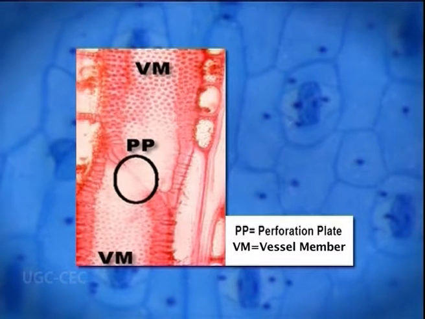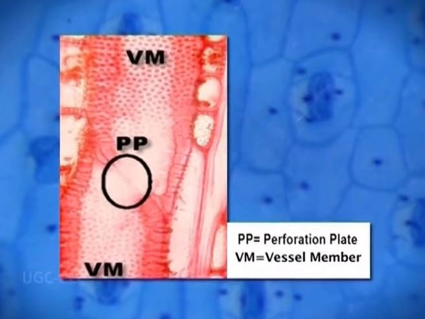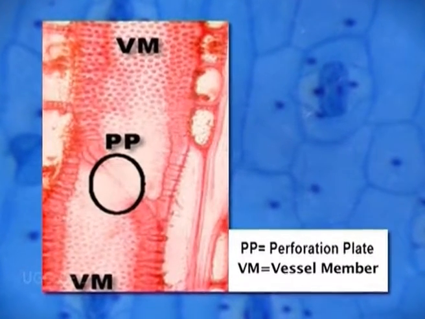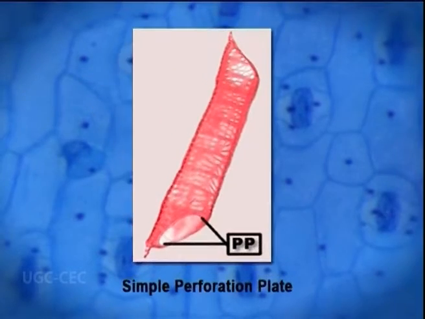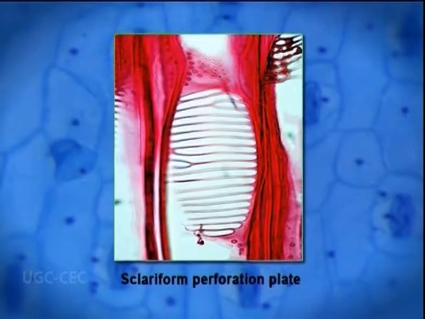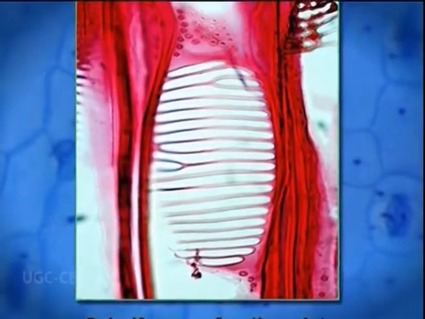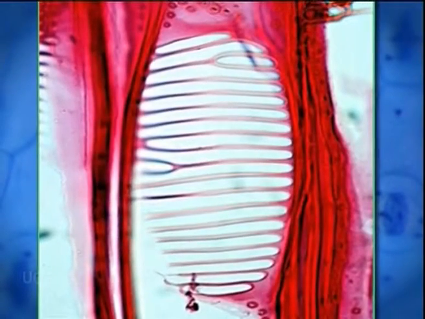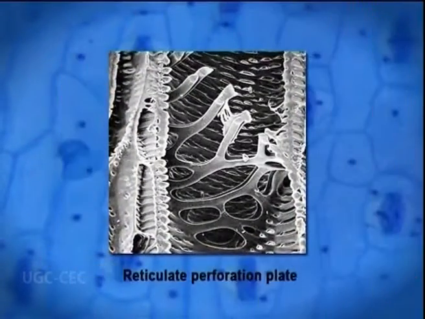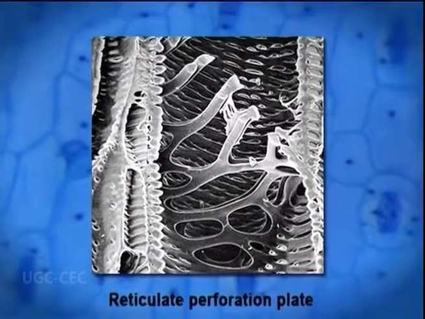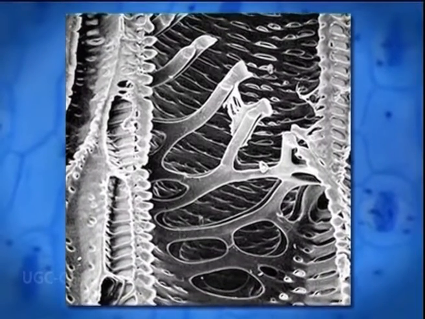The perforation plates may contain one large perforation termed as simple perforation plate, or it may contain numerous perforations called multiperforate. The multiperforate type may be either scalariform if perforations are scattered, and if perforations are in the form of a network, then it is termed as reticulate.